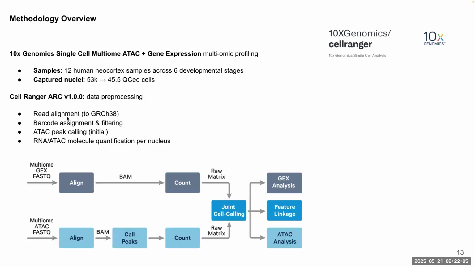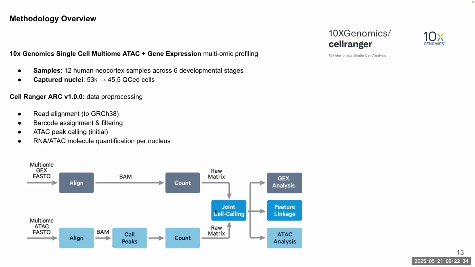This pipeline does a lot of steps that I'm not going to explain in detail. But the point here is that the pipeline can take the gene expression library, align, count, and prepare count metrics. Also, the ATAC side of the pipeline aligns the fragments, calls the peaks, and prepares metrics with counts of fragments.